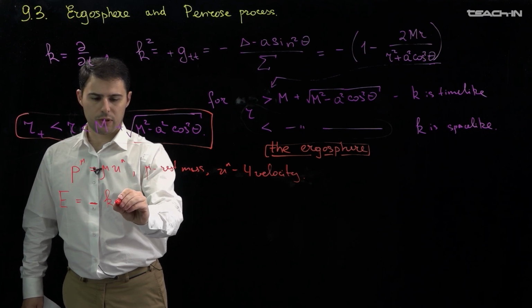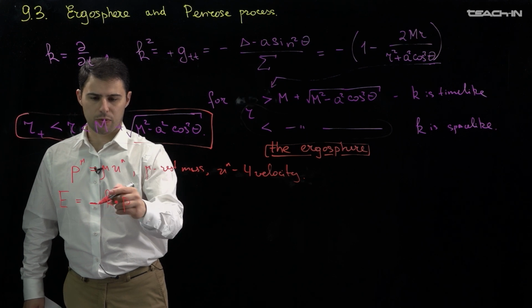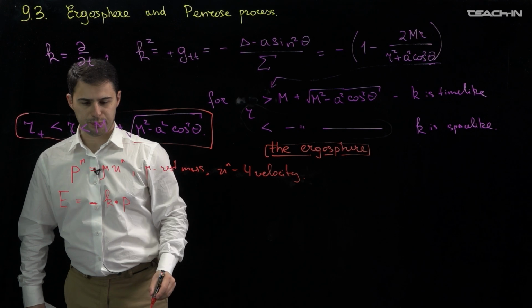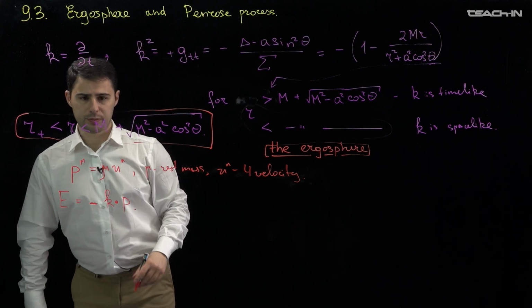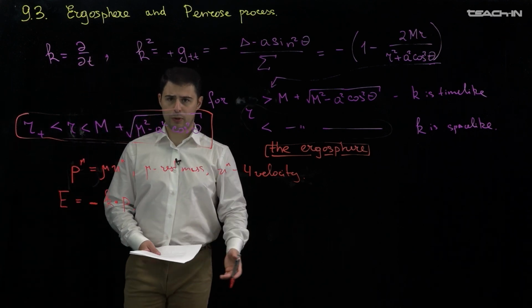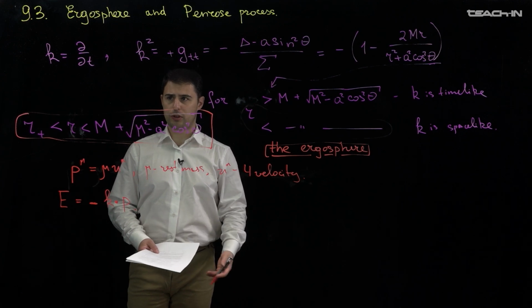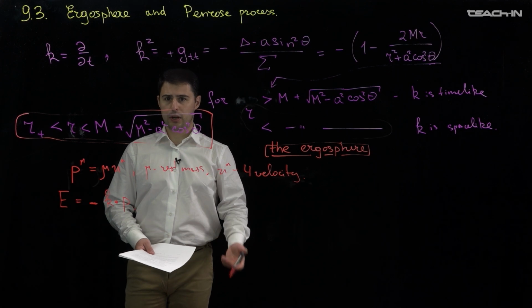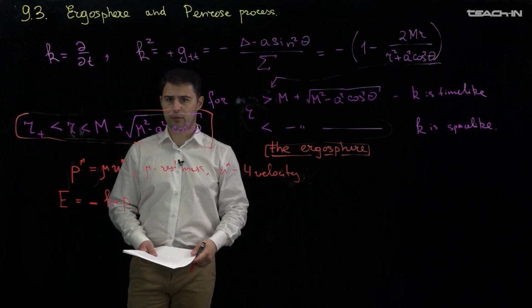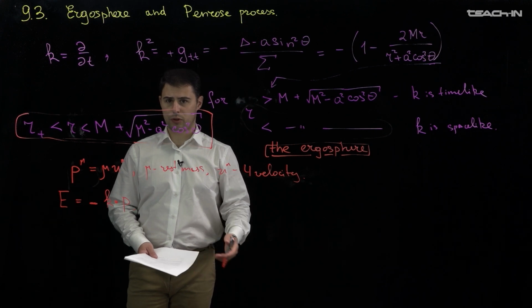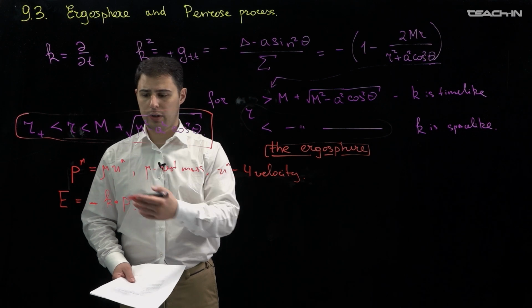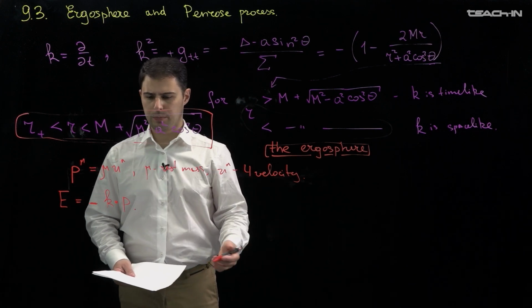So this is the scalar product of the stationary killing field times the momentum. Since the geometry has symmetries, has killing fields, it will necessarily have conserved charges, which can be used for the geodesic equation. So one of these conserved charges is the energy, and the second is the angular momentum.